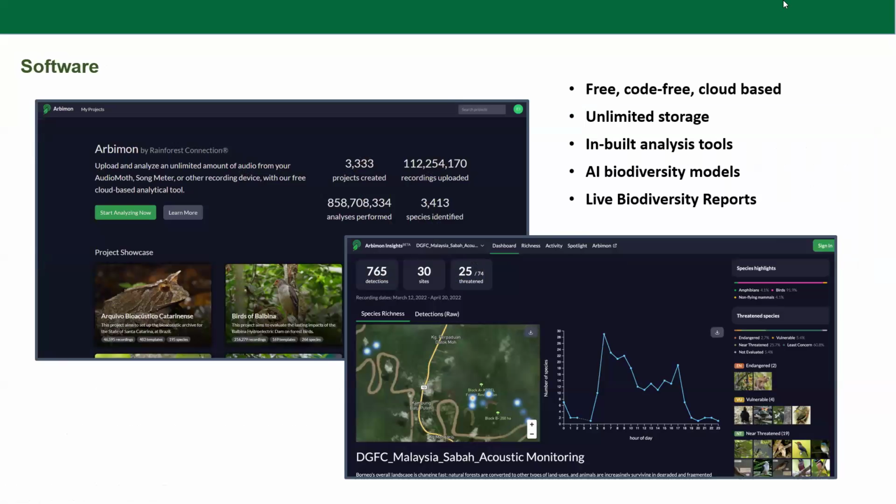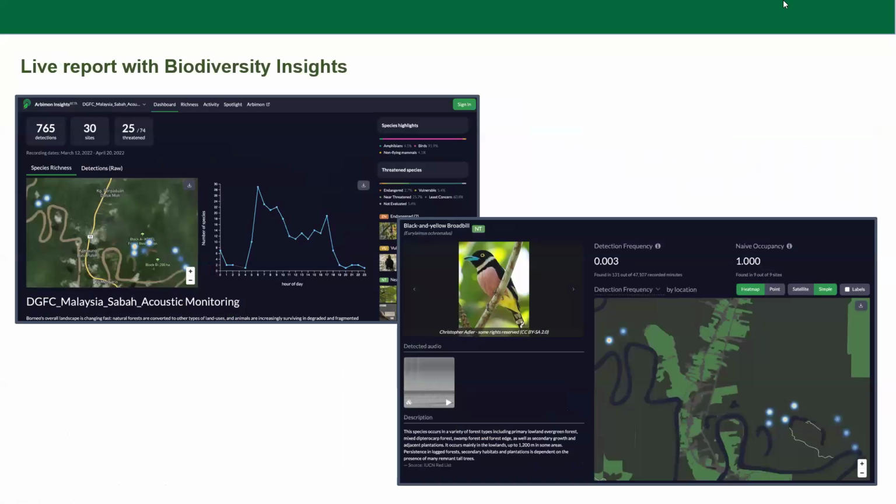And we are using the Arbimon website. We are also collaborating with RFCX. I think you are more familiar with all these things because you are doing bioacoustics. So mostly we upload all our recordings on this website.